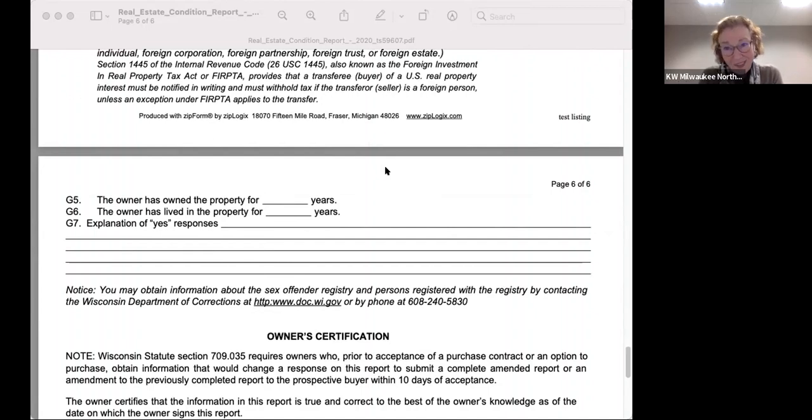Now, there are a lot of instances, and I've had two most recently in listings that I had, where the owner owned the property, definitely was the owner, but it had either been rented for years or they bought it as an investment, and it was either sitting, the owner never moved into it, and it's just been sitting to sell it, or it's still in that sort of capacity, but the actual seller has never physically lived in the property.